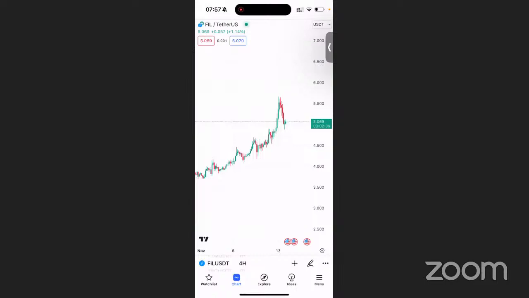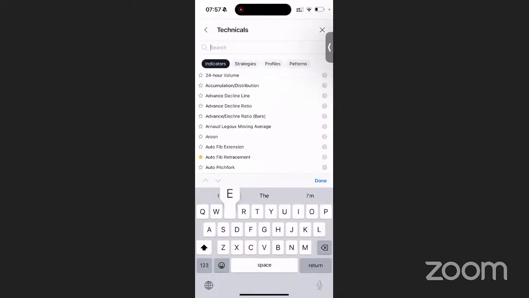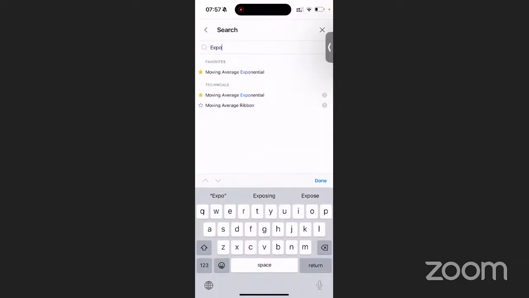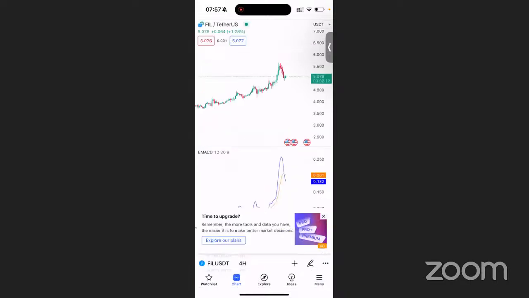I'll tap on plus FX indicators, then go to technical and put in exponential moving average. The moving average exponential or the exponential moving average doesn't matter; whichever it gives you, you are good to go.